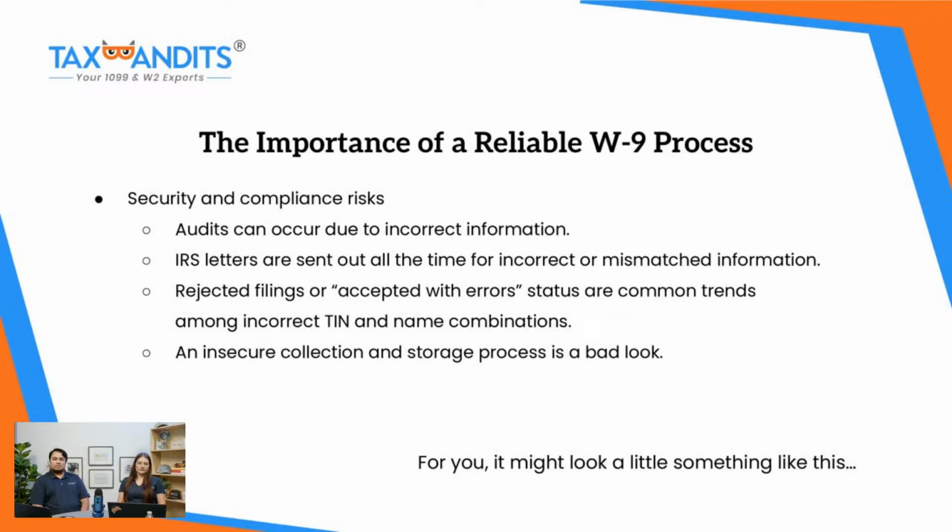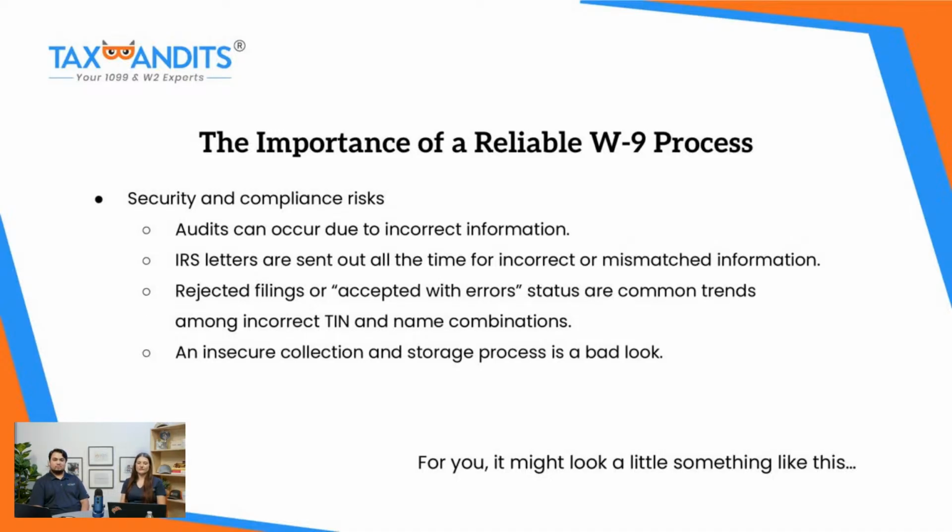There's also some security and compliance risks. I mean, as we said before, with having incorrect information a lot of times, or if you're missing information, that's going to really send more IRS notices, letters, and communications to you. And I know that nobody really enjoys talking with the IRS and having to send them more and more information and dig up more things.